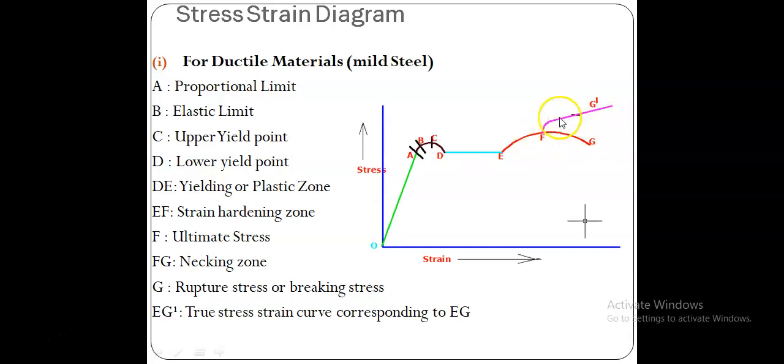So here the actual area of the rod is considered hereafter. That's why the curve is getting like this. So O, A, B, C, D, E, F, G dash is called the true stress strain curve, whereas O, A, B, C, D, E, F, G is called the nominal stress strain curve.